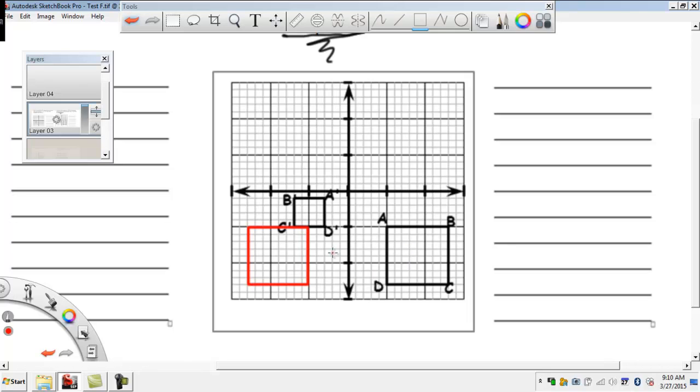So ABCD will end up over here. This square has to be translated so it fits on the lines of dilation. Now let me go ahead and draw one. We'll draw A, and let me do this in black.